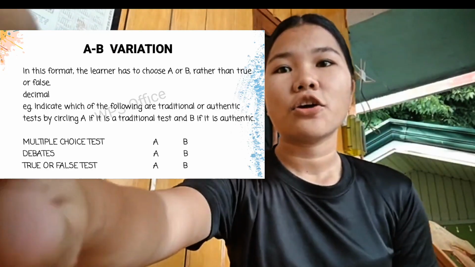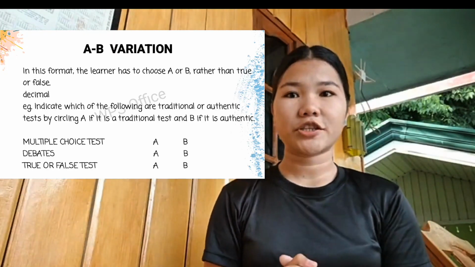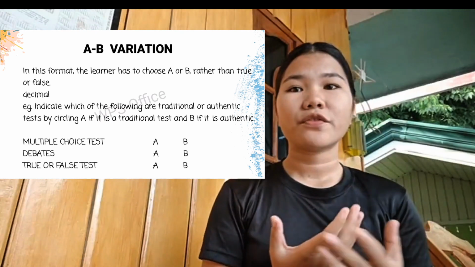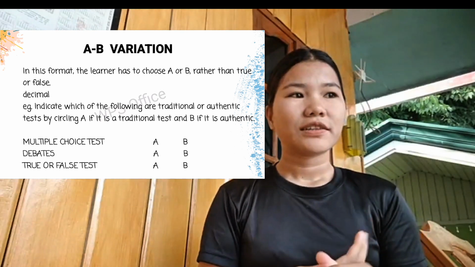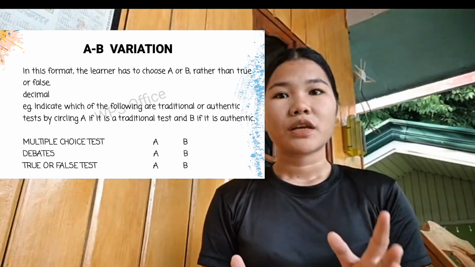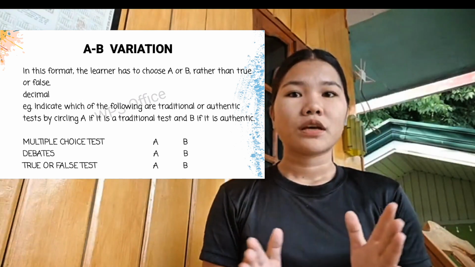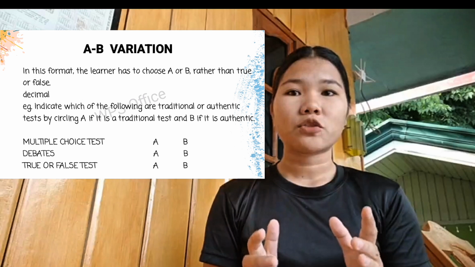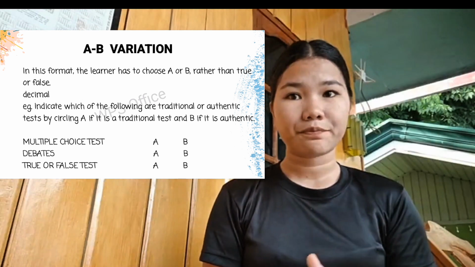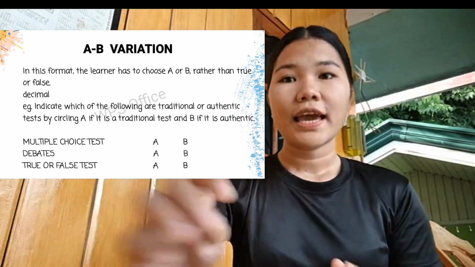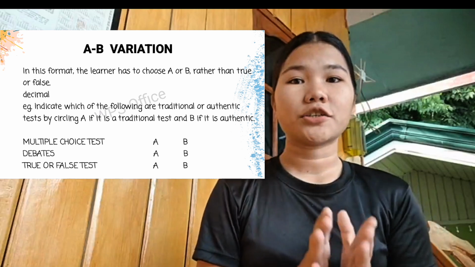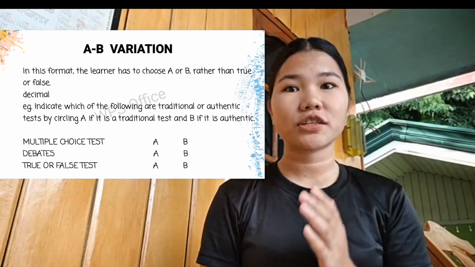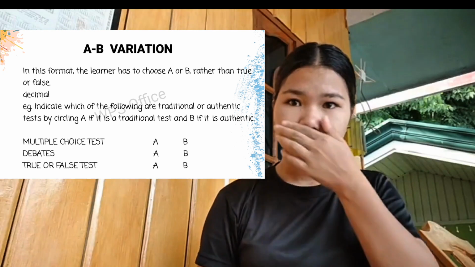Lastly, we have the AB variation. In this format, the learner has to choose A or B rather than true or false. So they are the same, but instead of using true or false, or rather yes and no, in this format we need to use A or B. For example, indicate which of the following are traditional or authentic tests by circling A if it is a traditional test and B if it is not.